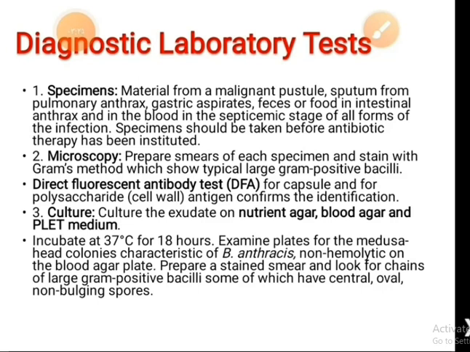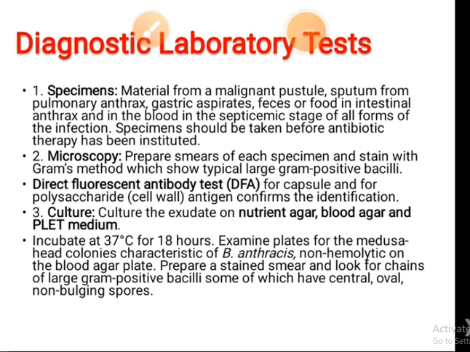So how do we diagnose a patient infected with Bacillus anthracis? In laboratory diagnosis, first the specimen. The specimen should be material from the infected area. In cutaneous anthrax, the malignant pustule should be swabbed from underneath the lesion, while in pulmonary anthrax, sputum is the preferred specimen.